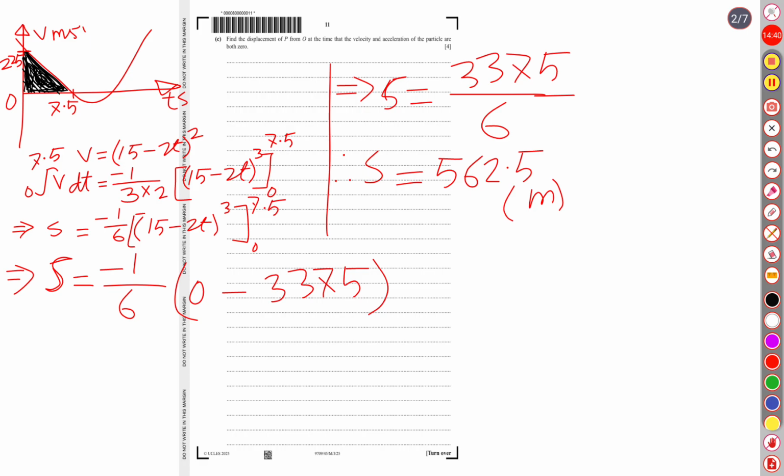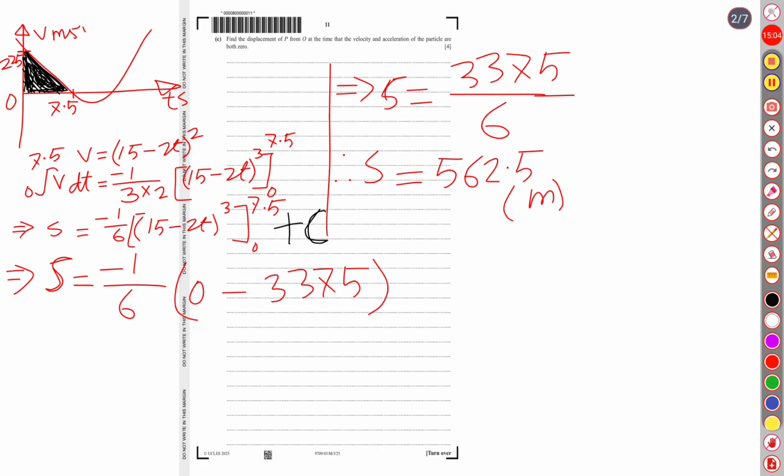And remember, you may ask why there isn't any constant value. If you are confused with this constant value, let's see the graph. When t was 0, at the time of beginning, there was no displacement at all. I mean, displacement was also zero.